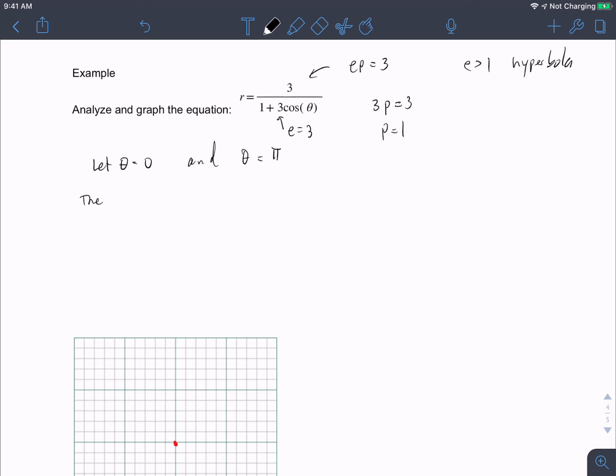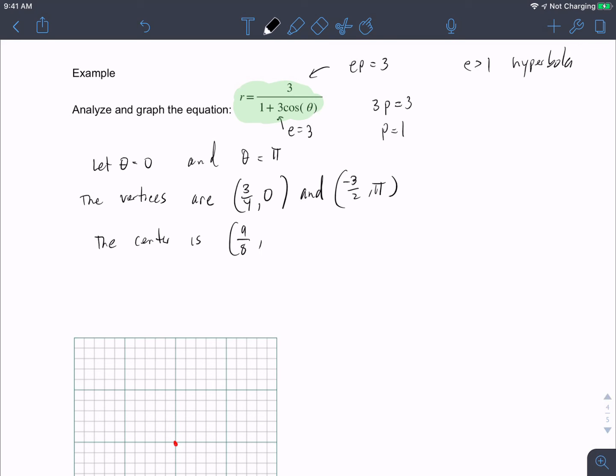And so the vertices, by plugging into the equation that we have, we're going to get 3/4, 0 and a negative 3/2, pi. And then the halfway distance between these two is going to be the center. And the center is 9/8, 0, because that's the halfway distance between those.